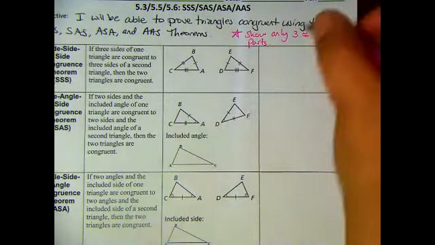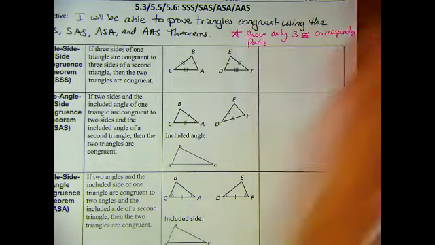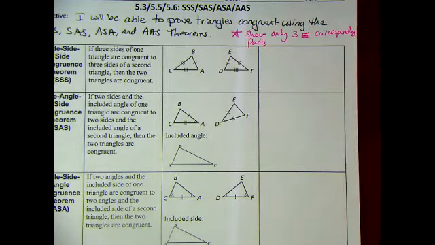Instead of six, we only have to show three. But here's the thing, some of these theorems are very specific as to what types of parts and where those parts should be, okay? So we have to pay attention to the theorems, okay? So let's start us off with the simplest of the theorems, okay?